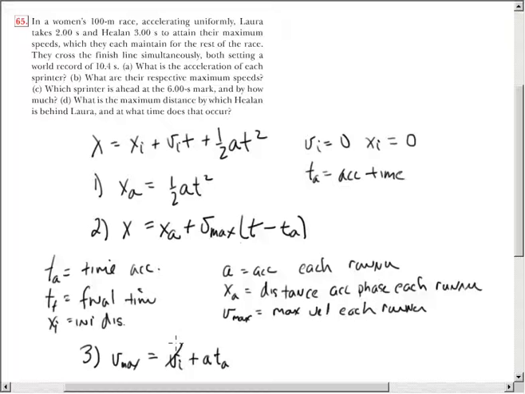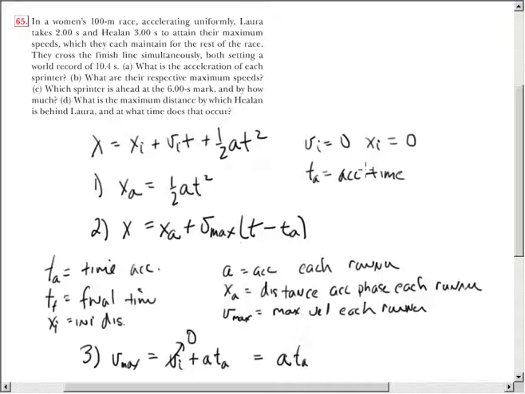Of course, we start with that equal to 0, and we have that simply equal to A times the time of the acceleration. Do we now have enough to solve for the acceleration? Pause the video and write your answer down. Okay, we do have enough to solve for the answer.